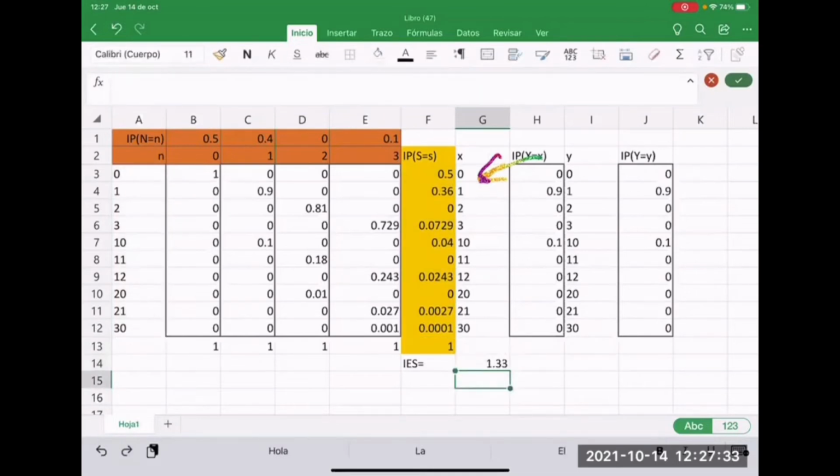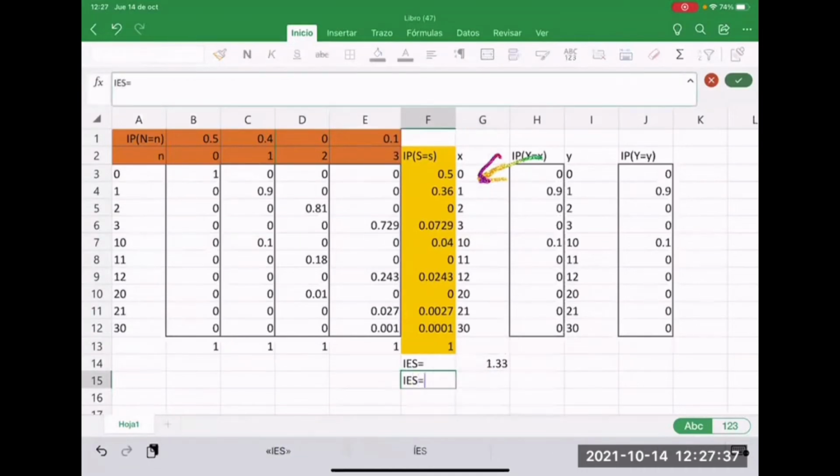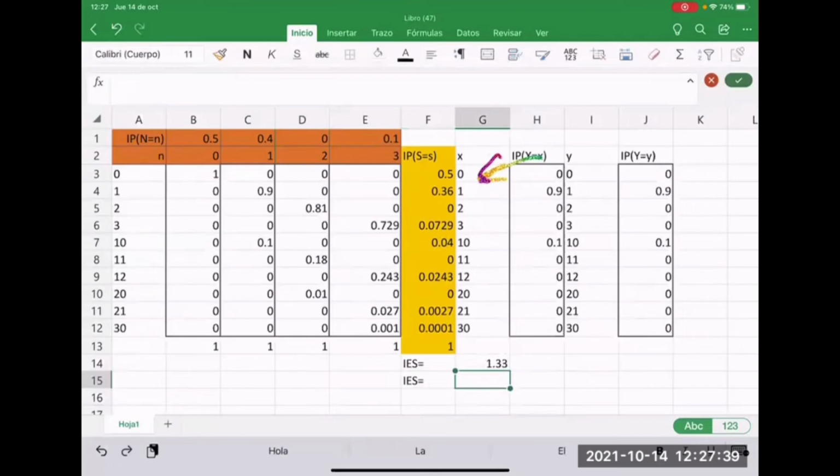On the other hand, the expectation of the random variable S should also be given by the expectation of the random variable X times the expectation of the random variable N. And what is that?